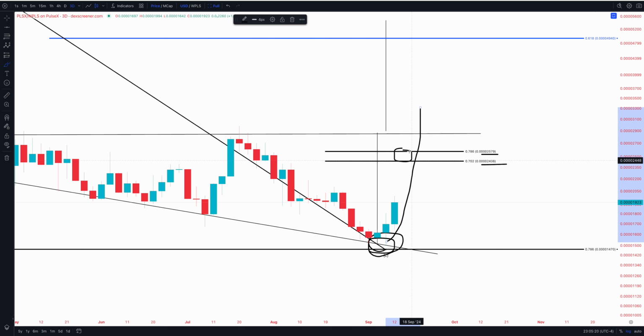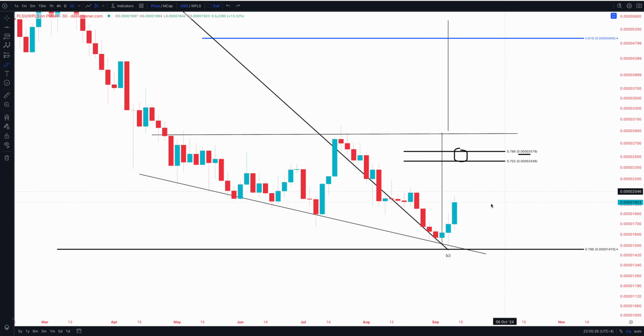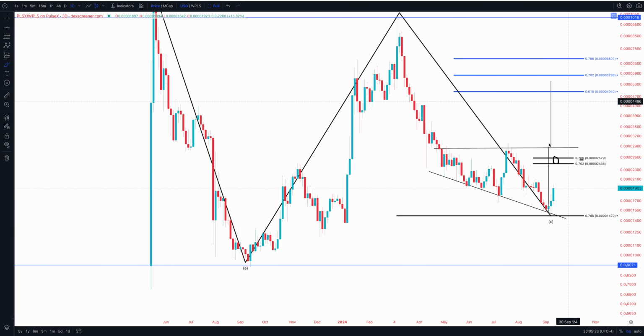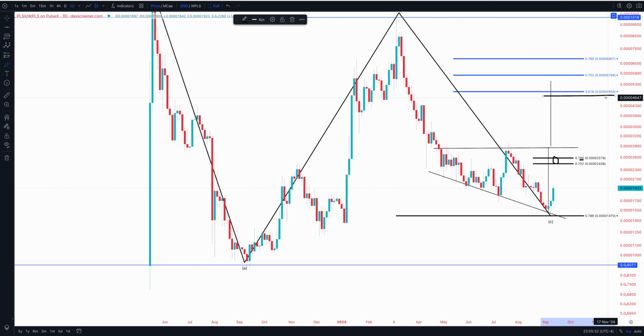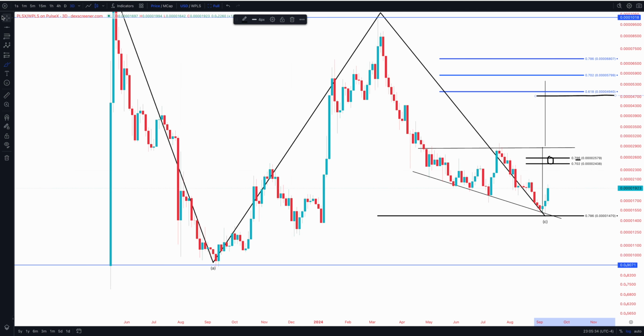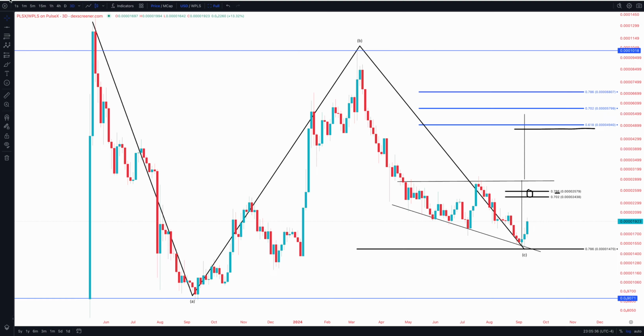No doubt. Once we get a 4-hour push above these 2 levels here, okay, and then you would go on to hit your measured technical target of this pattern, which would be the 618, at 0.04940. Okay, so this is PulseX, very bullish.